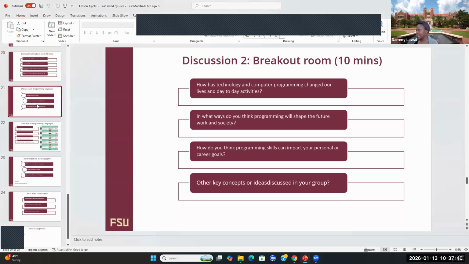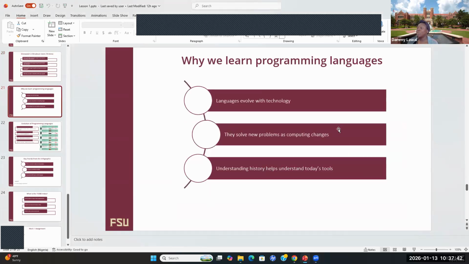So, my next slide. Why do we learn programming languages? This is just a wrap up of what we've been discussing. And like we said, languages are evolving with technology. We'll see that in our next slides. The heart of problem solving: computing is bringing a lot when it comes to solving problems around us.